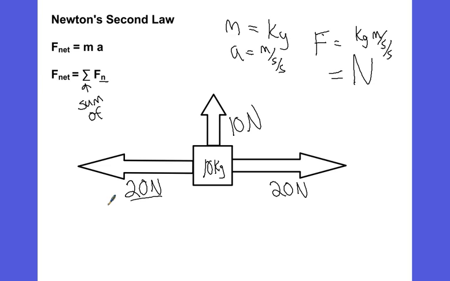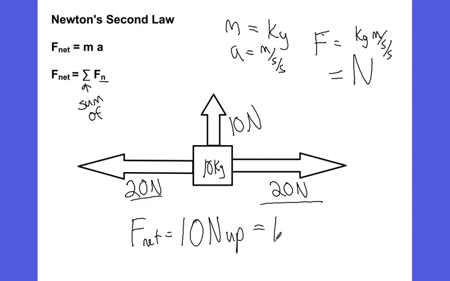So 20 newtons to the left plus 20 newtons to the right would be 0 newtons. And so my F net equals 10 newtons up, and that equals my mass, 10 kilograms, times my acceleration. So in this case, my acceleration would equal 1 meter per second per second. Okay?